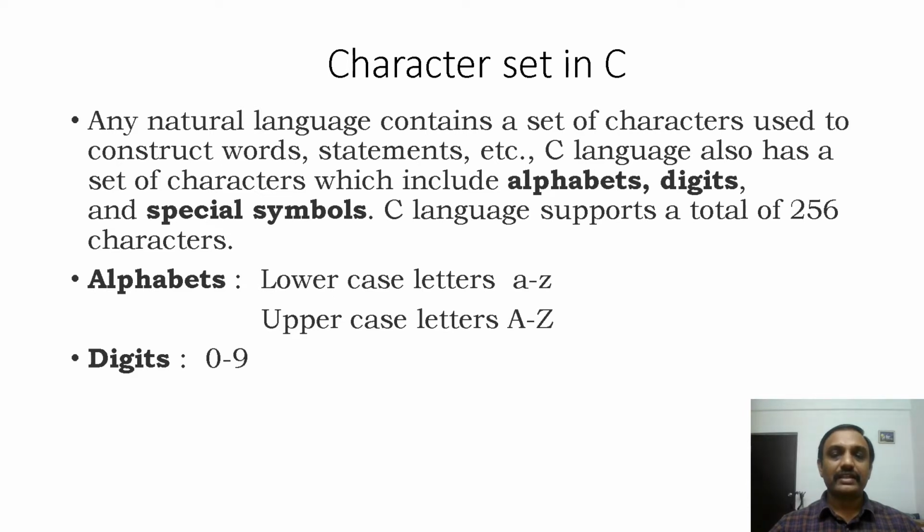The character set in C language includes alphabets, digits, and special symbols. Alphabets are both lowercase and uppercase letters, digits are 0 to 9, and then special symbols. Totally, C language supports 256 characters.